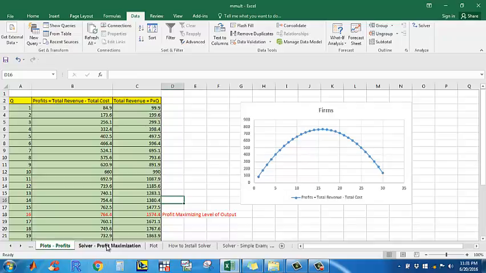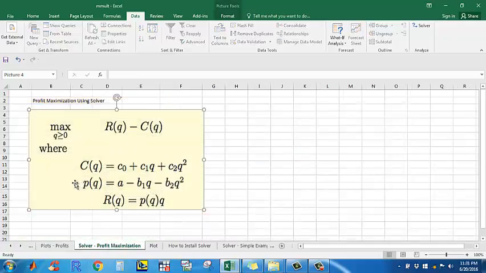Let's now look at a simple example where the total cost is given by C0 plus C1Q plus C2Q square, where C0, C1 and C2 are fixed parameters. Q is the quantity of output that the firm should produce.